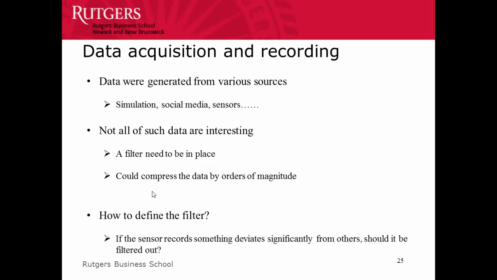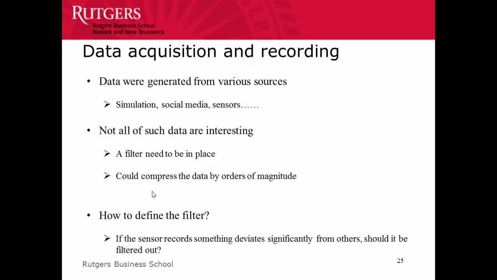One example is, suppose a sensor records something that deviates significantly from others, should it be filtered out? I mean, sometimes this could be caused by an error of the sensor. So in that case, we definitely need to filter out the results from that sensor.